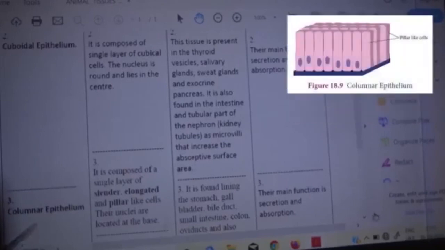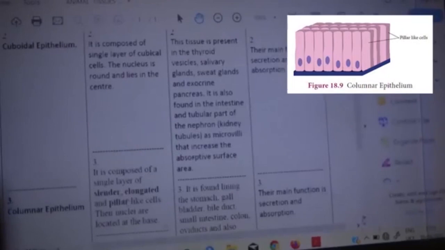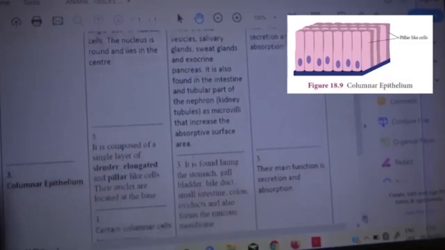Then the third one is columnar epithelium, composed of a single layer of slender, elongated, pillar-like cells, and the nucleus is located at the base. When I say this, the picture from our book will come up in the video, and you should follow that also.